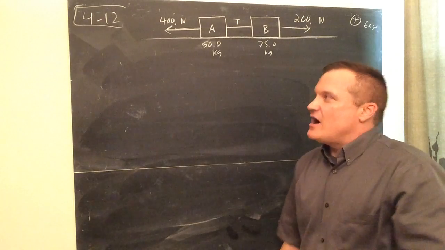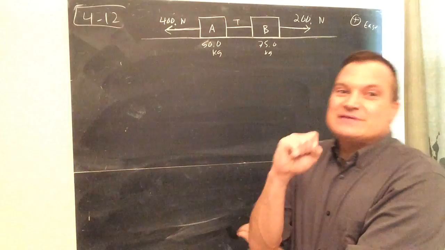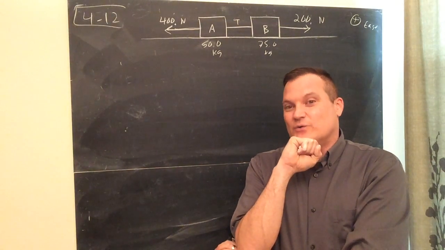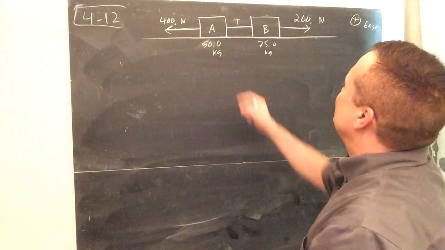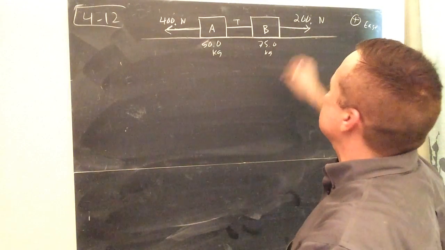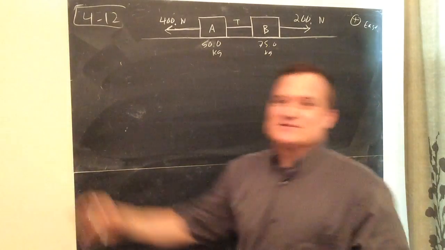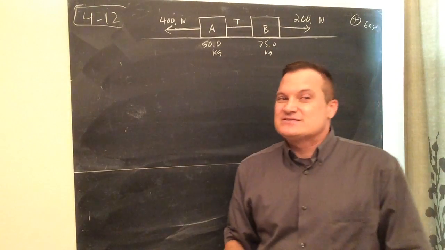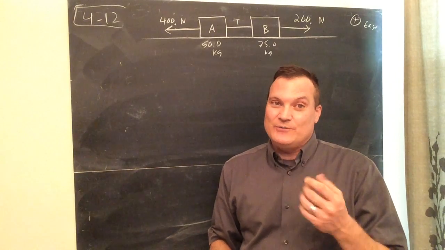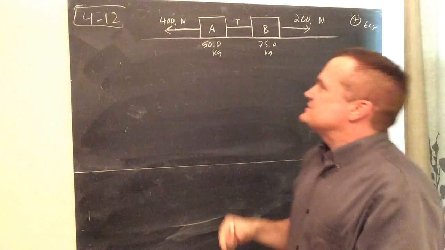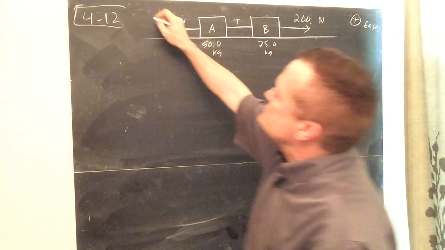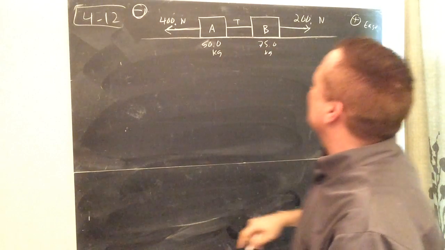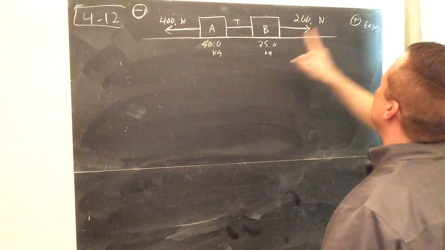That ought to be kind of obvious in this problem, but sometimes it is not known which way it's going to move. If we're pulling 400 this way and 200 this way, obviously it's going to go this way. Pull 400, tug of war, it wins. But sometimes we're not given all the information to know. Since we know it's going to go that way, we'll say it's in the negative direction, and positive will be east.